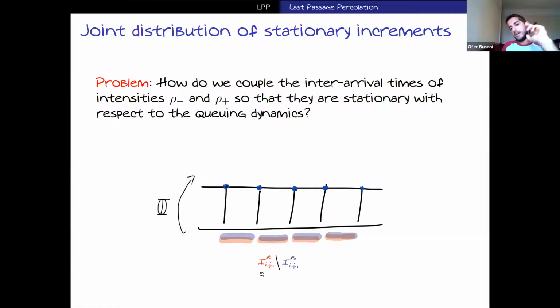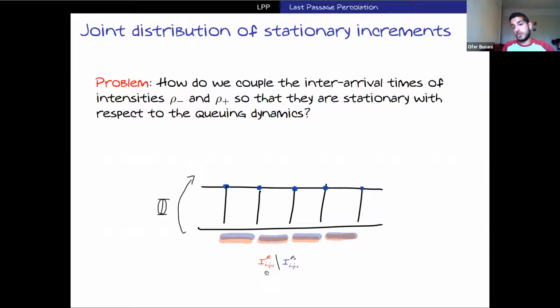So if we have two densities, rho plus and rho minus, the rho plus weights on the bottom edges would stochastically dominate the red ones. What this means is that you can couple them.